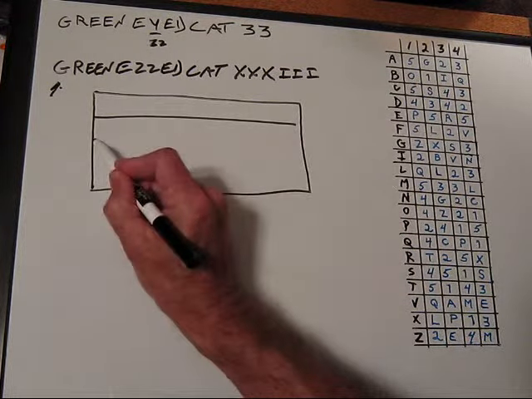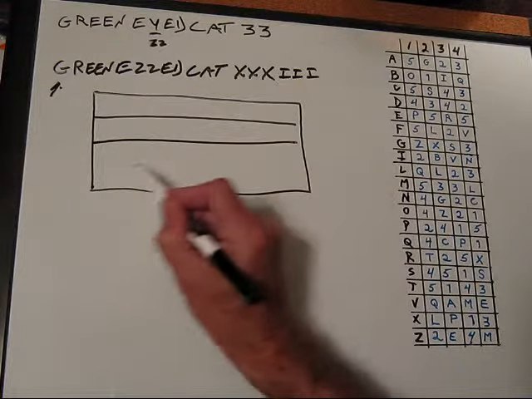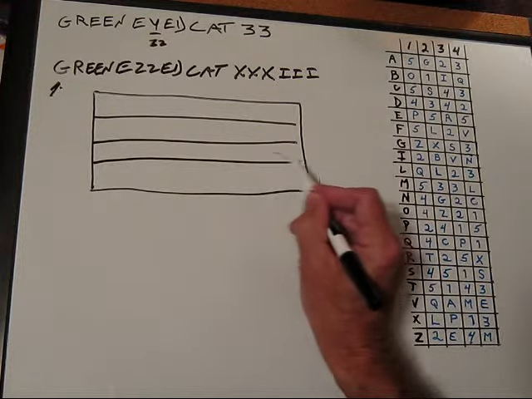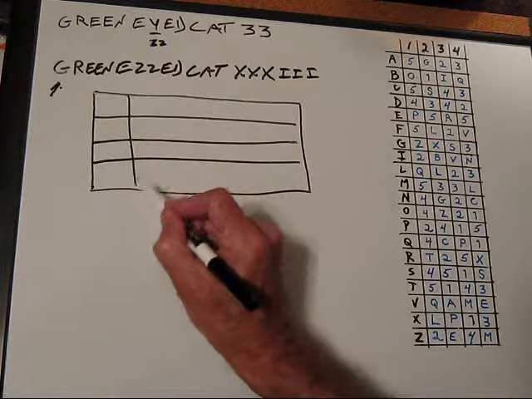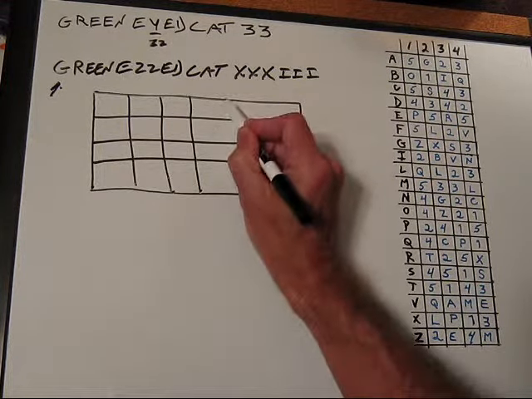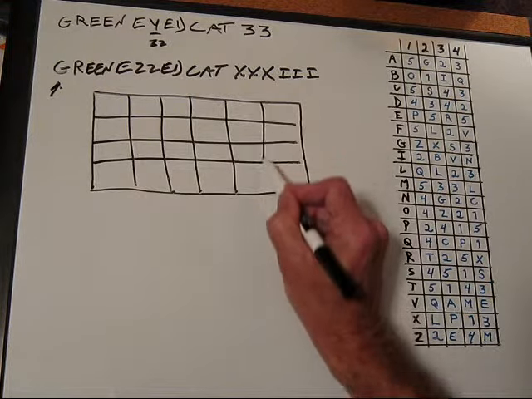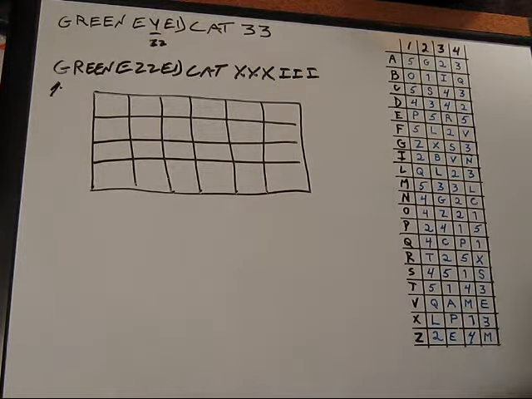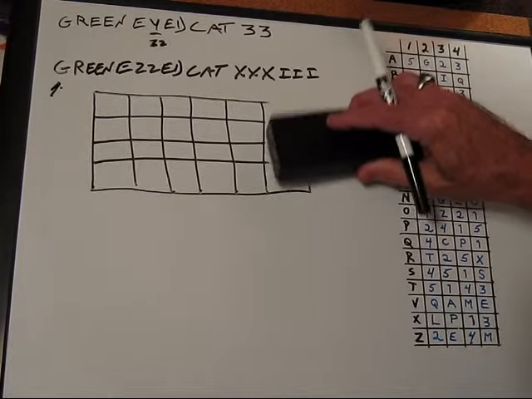One, 2, 3, 4. 1, 2, 3, 4, 5. So we have a 4 by 5 grid here.